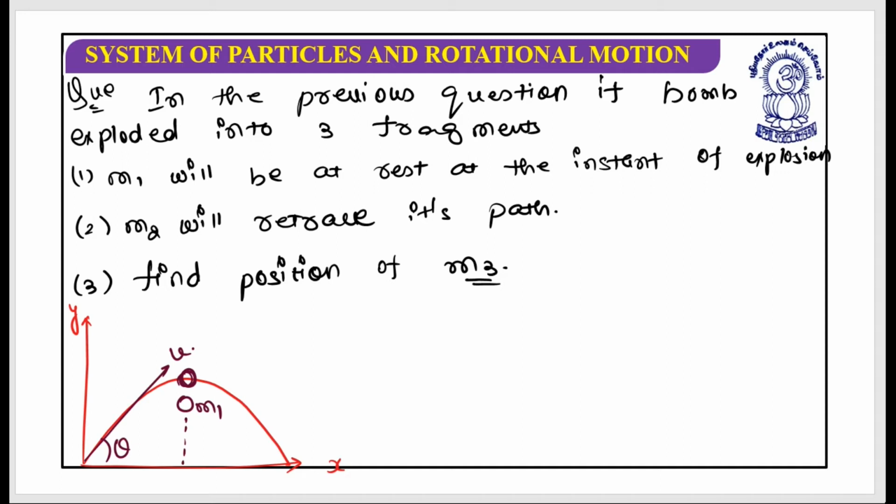M2 would retrace its path, so M2 would be here. We don't know where M3 will be, but let's assume it would be somewhere here. It is not the center of mass, it is just any random location. Let me correct it.